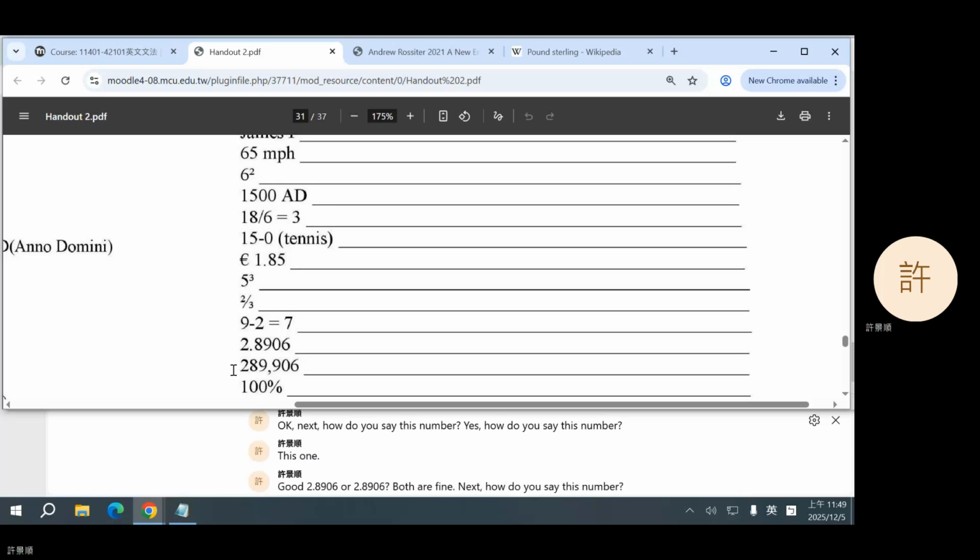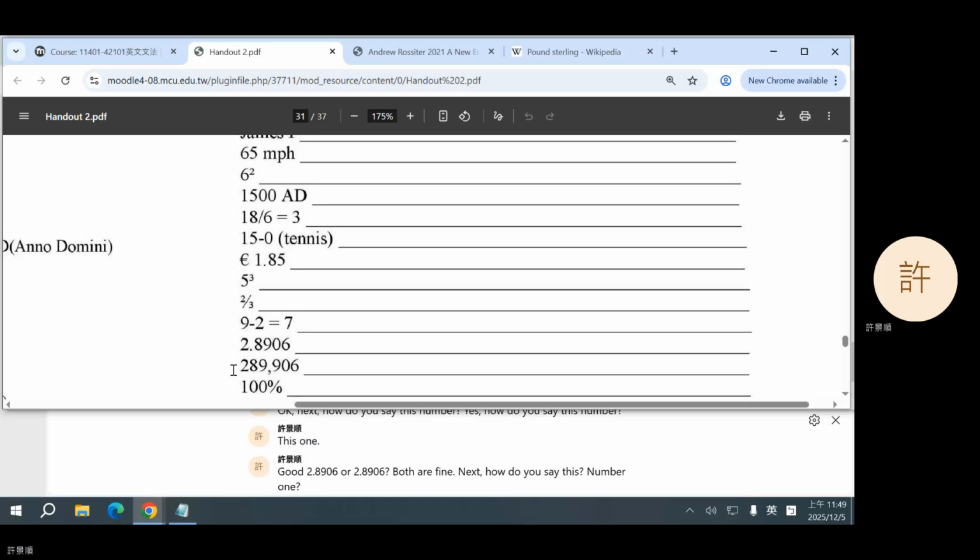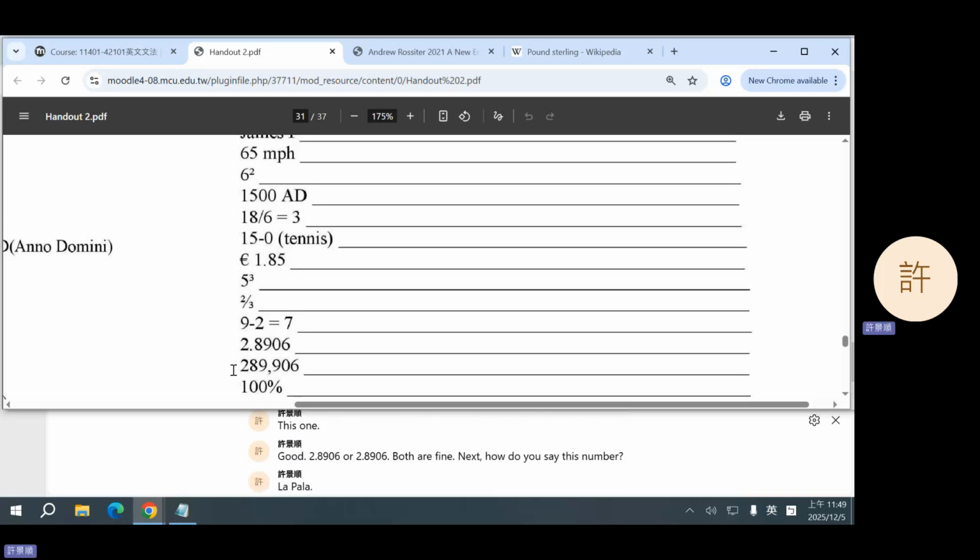Next, how do you say this number? How do you say this number?